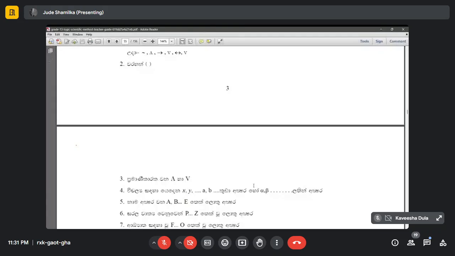Anyways, I think you have the notes at least, so it's a waste of time. So you have the idea that these are the quantifiers.